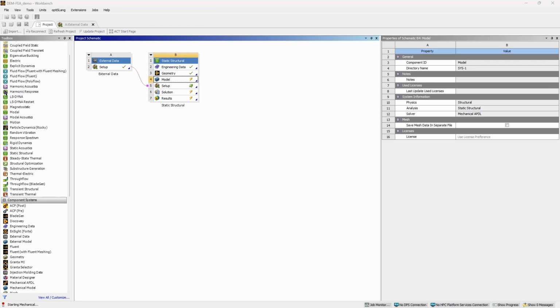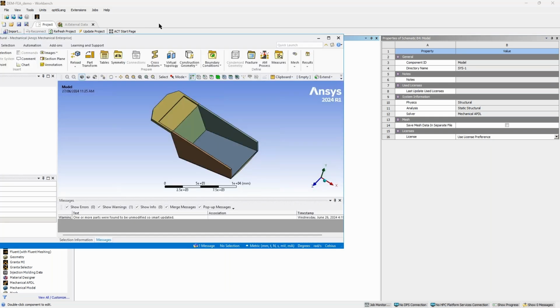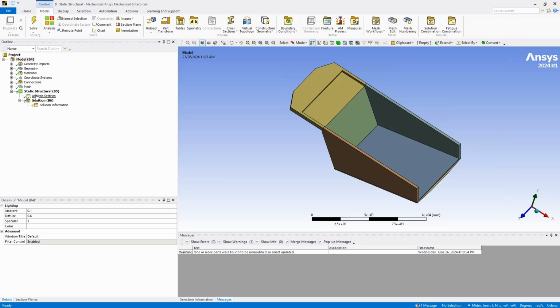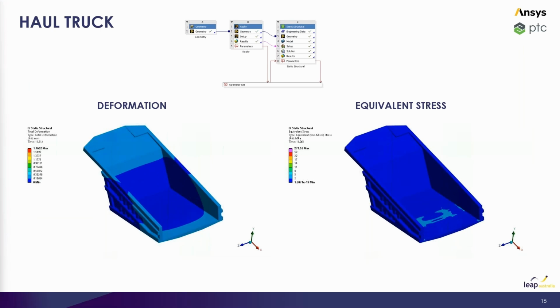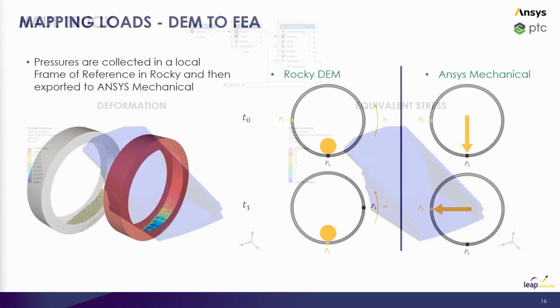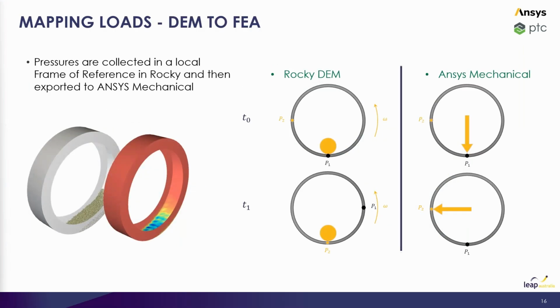So in the meantime, while this opens up, you might be wondering how the load mapping actually works, given that we have geometry physically moving in Rocky, but in a finite element analysis, various degrees of freedom will be constrained at the boundaries. So when loads are exported, and I'll come back to the slides here, they are collected in the local reference frame of the respective geometries.